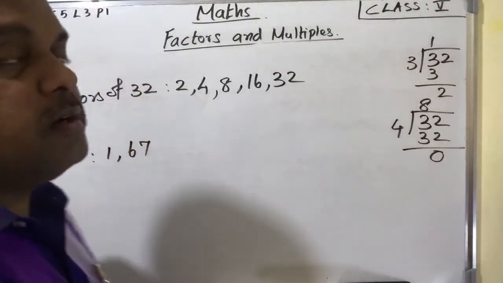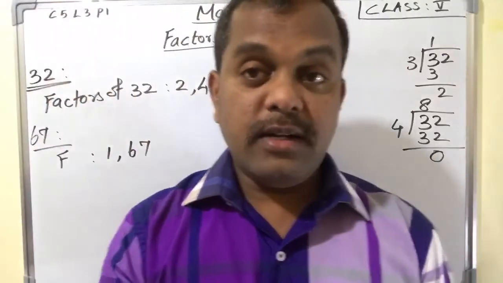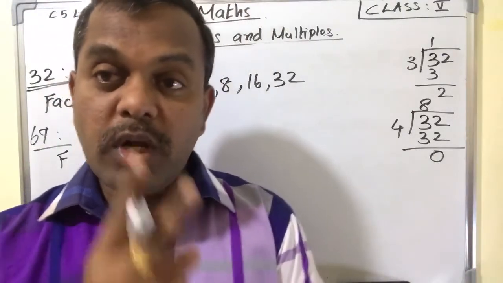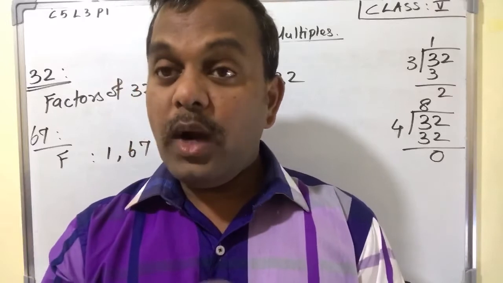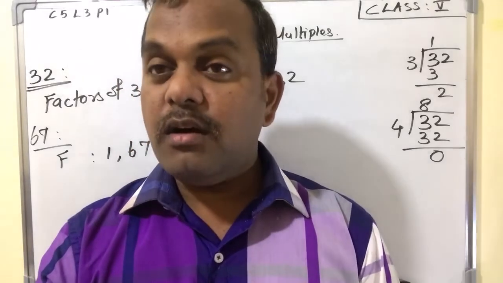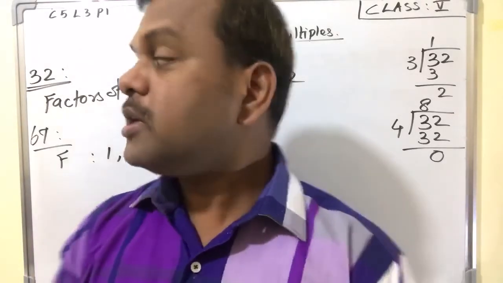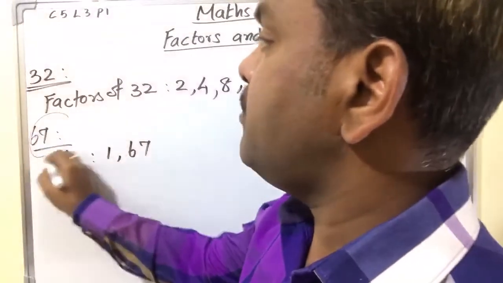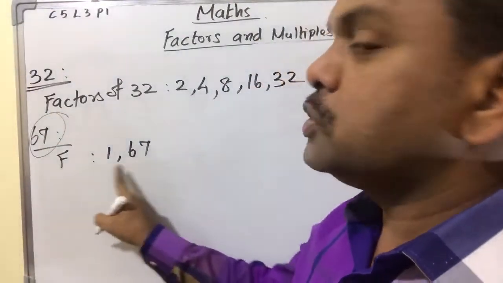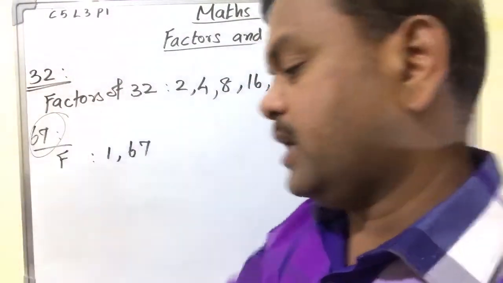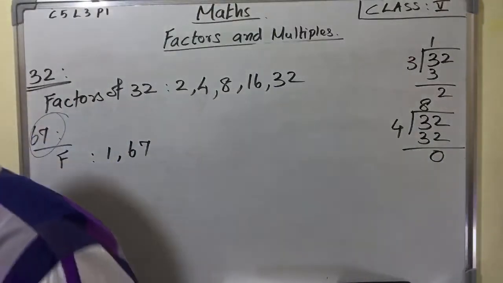Did you remember one word? If a number has only 2 factors, 1 and the number itself, it is called a prime number. So 67 is a prime number. That's why 2 factors, 67.